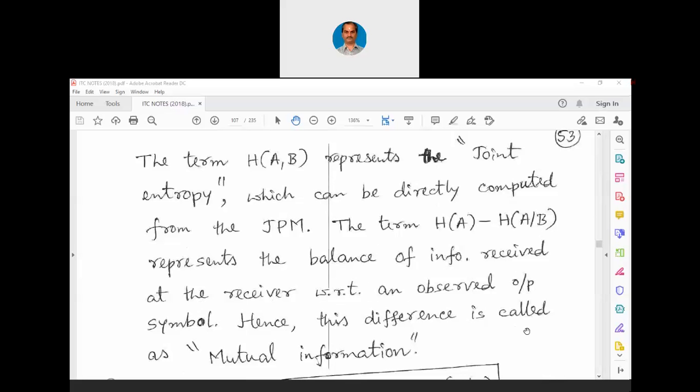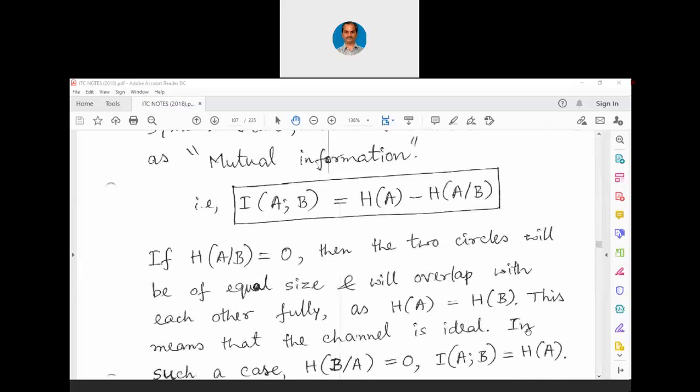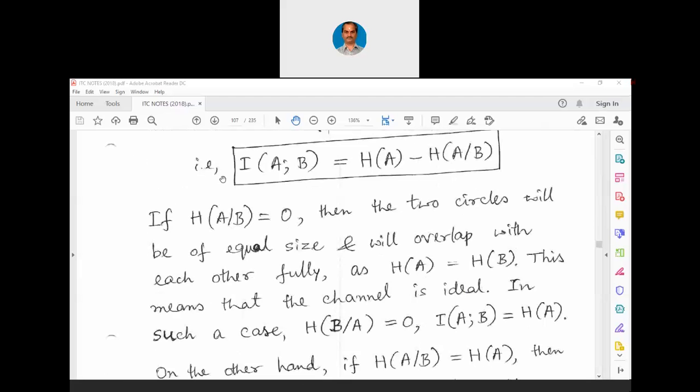Hence, this difference is called mutual information, and the equation is written as I(A;B) = H(A) - H(A/B). If H(A/B) equals 0, then the two circles will be of equal size and will overlap with each other fully as H(A) equals H(B).